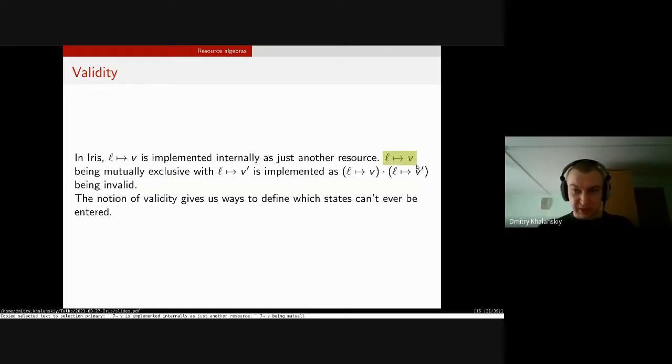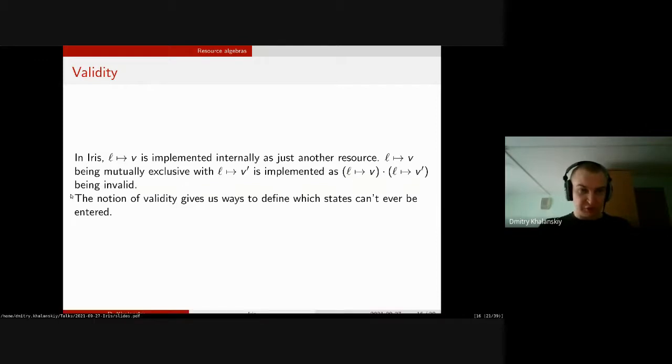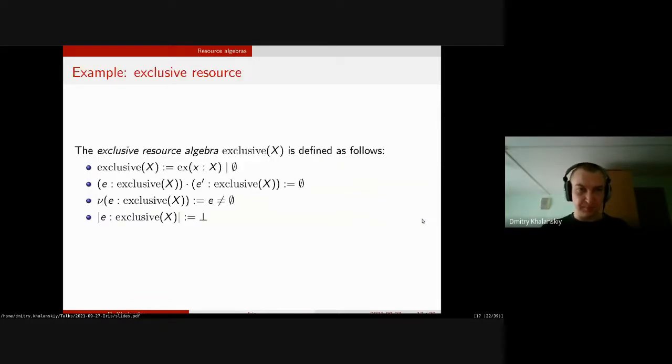And as I've said earlier, each points to statement is mutually exclusive with another points to statement on the same memory location, and it is implemented as the composition of these 2 resources being an invalid resource. So the notion of validity gives us ways to define which states of the system as a whole can never be entered.